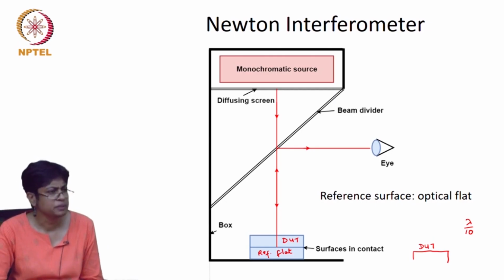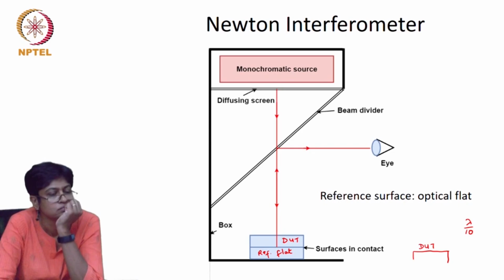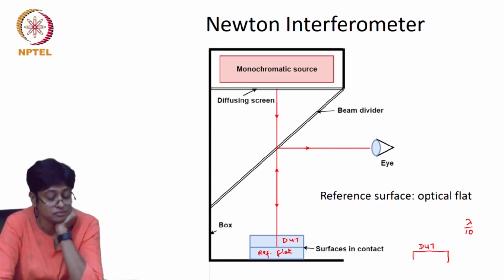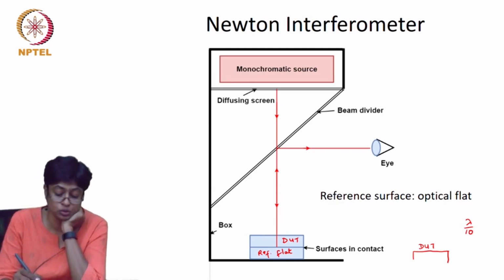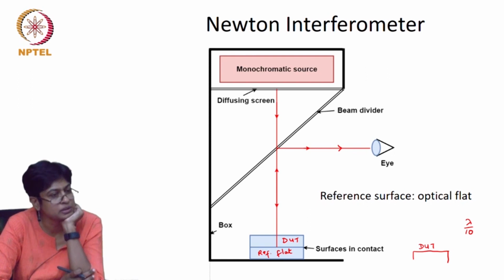Where do I get the 2 beams from? I need 2 beams. It's a reflection measurement. So, the 2 beams of interest are coming here. Where are the 2 beams coming from?